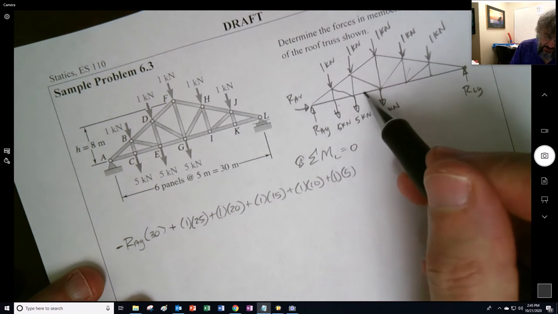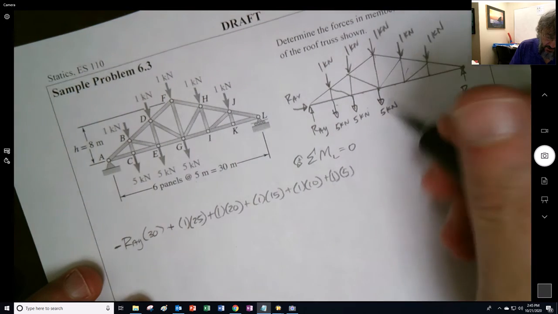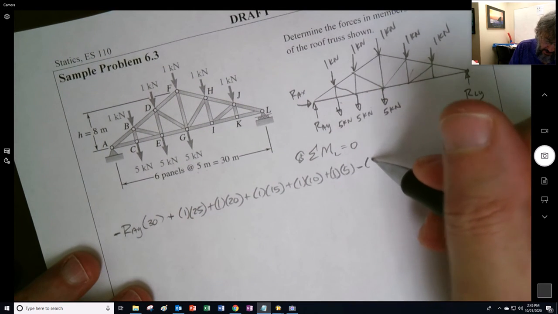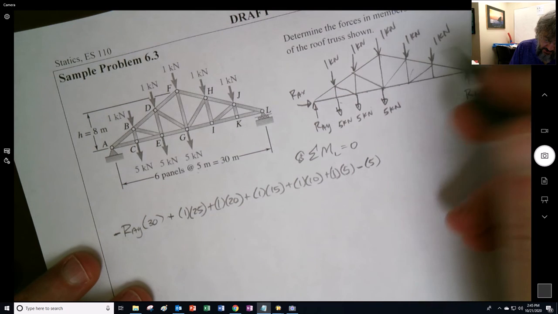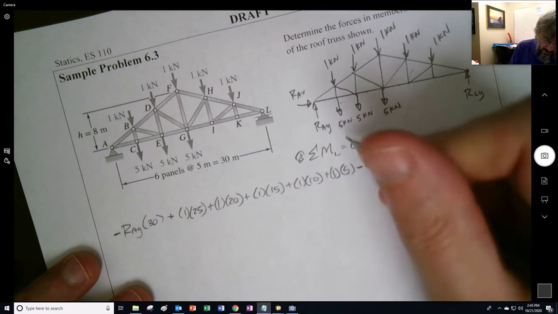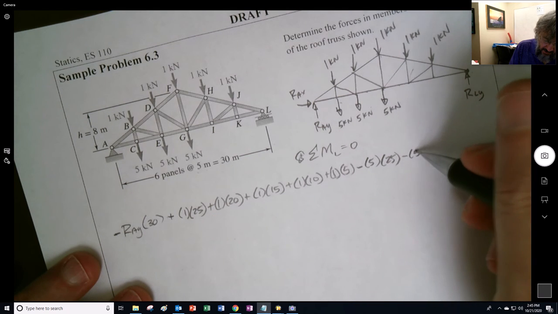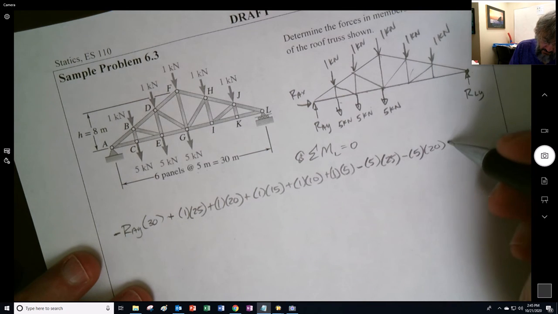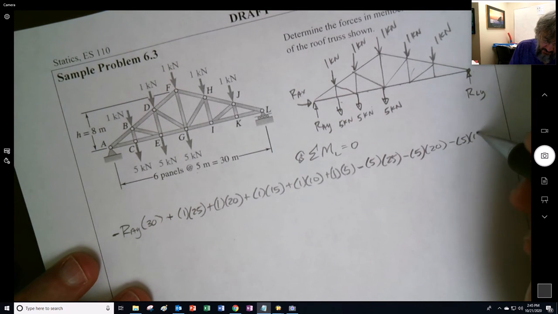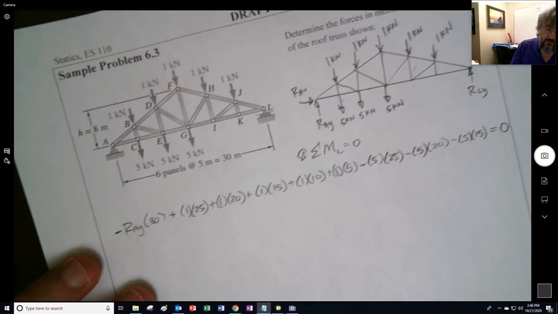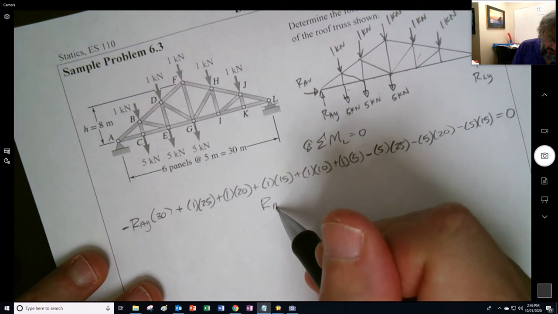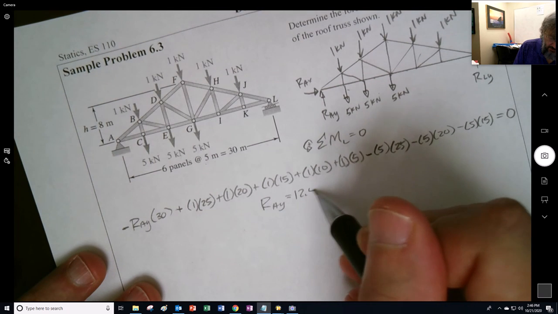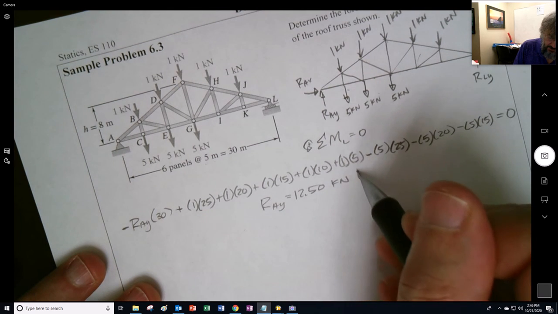Because it just comes down in increments of 5 as you're going across. And then these are all clockwise right here, so it's negative 5 times 25, and then negative 5 times 20, and then negative 5 times 15 equals 0. If you do all of that out, my calculator said that's 12.50 kilonewtons upwards.